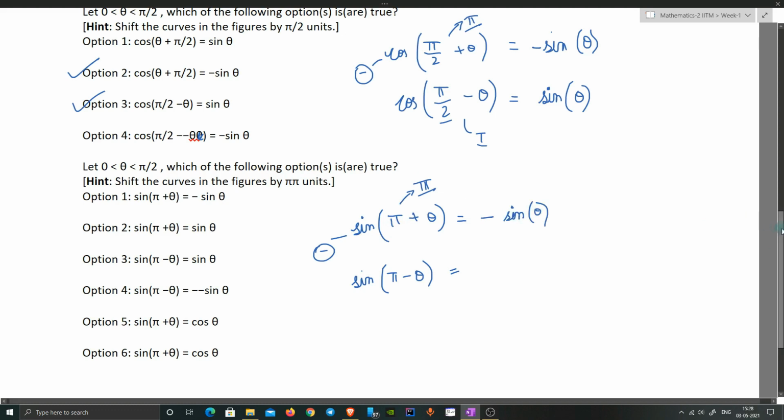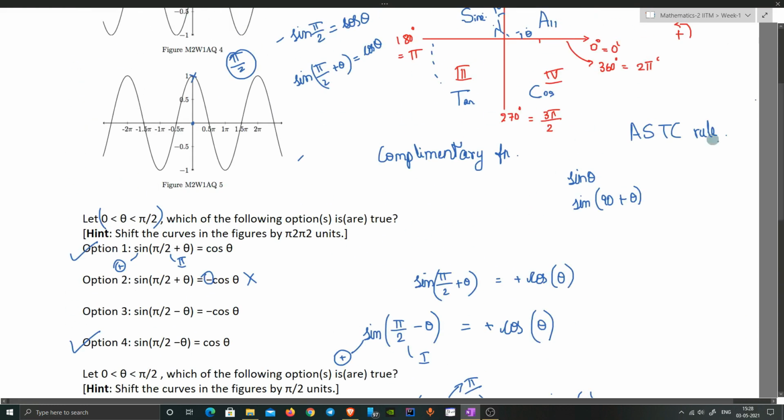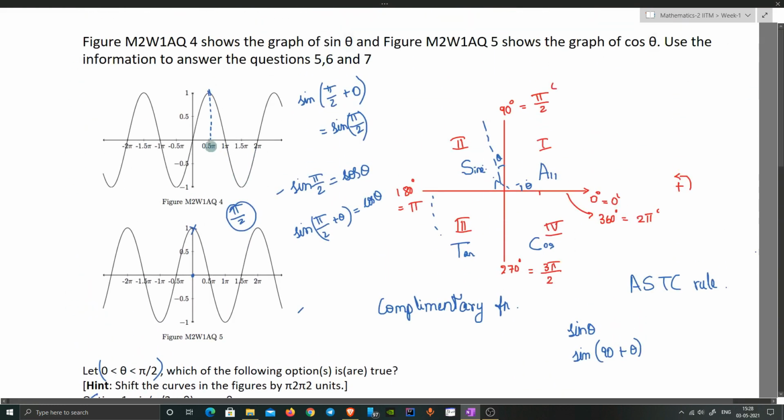Why? Because after every pi angle the cycle repeats, right? So we have 0, pi by 2 and pi, and the cycle just repeats again and again. We have it in the positive direction, but here in the negative direction, so this is just a mirror image of this one.